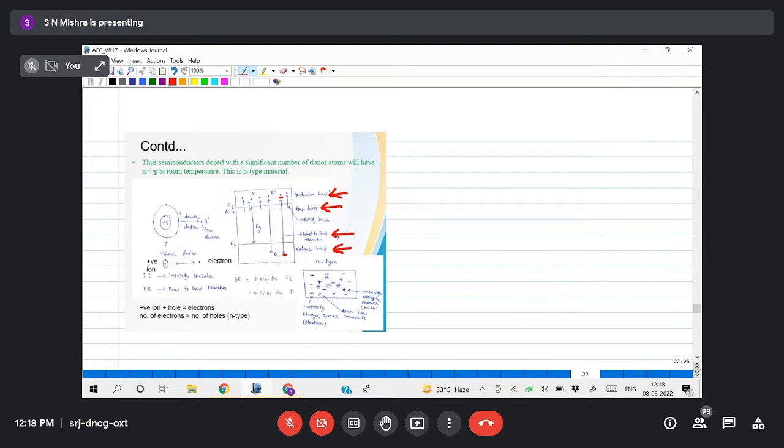So this process is band to band transition, and this is the impurity ionization. Just now I have shown that. In that process, I generate one positive ion and one electron. So I have written here impurity ionization and band to band transition, right? Generally, this gap is 0.05 electron volt for silicon and 0.01 electron volt for germanium. Clear?